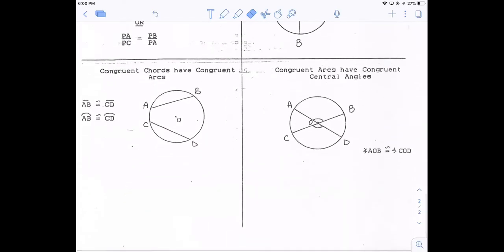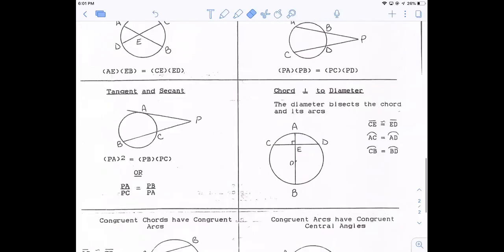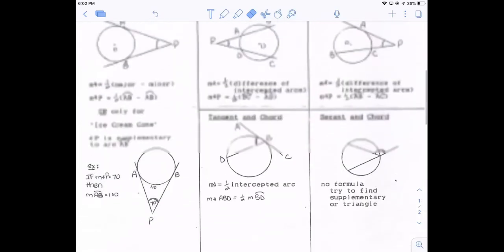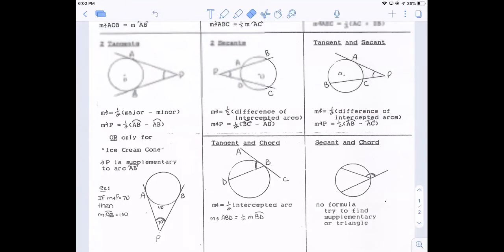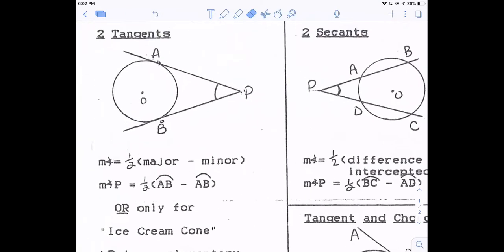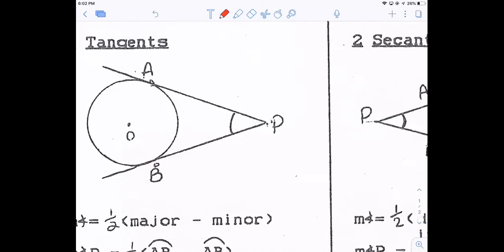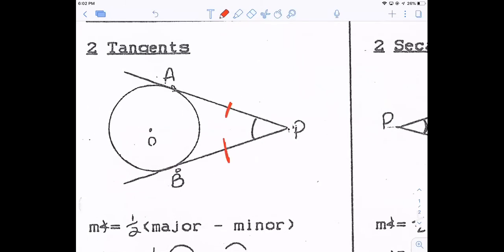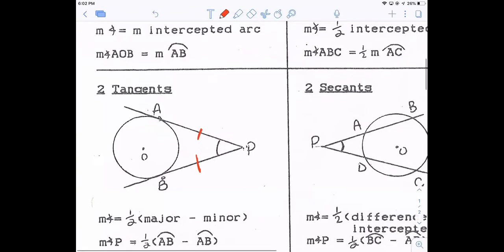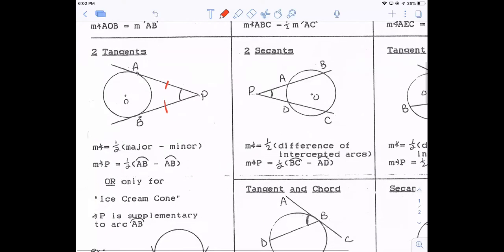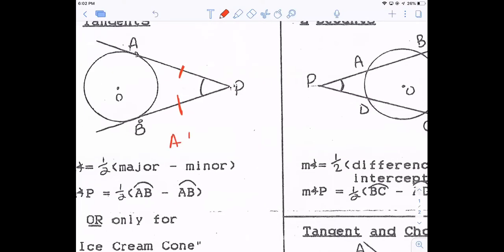What did I want to add onto the sheet? Oh yeah, that's right. I wanted to add over here for 2 tangents, right? We also know if we have 2 tangents drawn to one circle that these 2 tangents, they would be congruent to each other. So we can also add that onto here, that AP would be also congruent to BP, right?